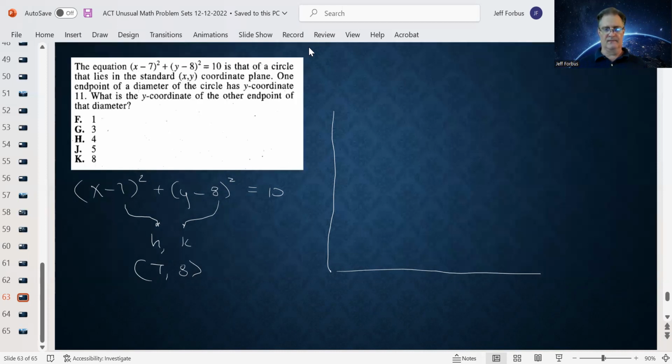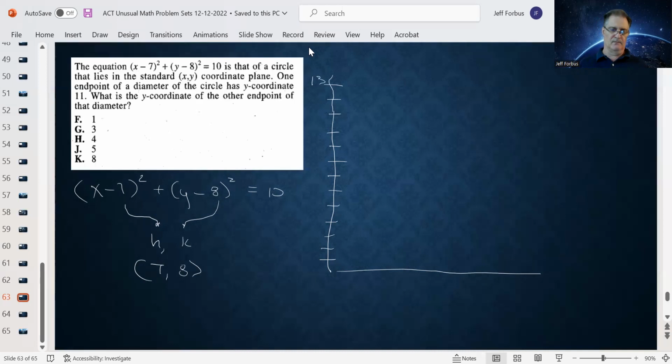So we need quite a few divisions up here: 1, 2, 3, 4, 5, 6, 7, 8, 9, 10, 11. Let me keep on going: 12, 13. So now that's 13.